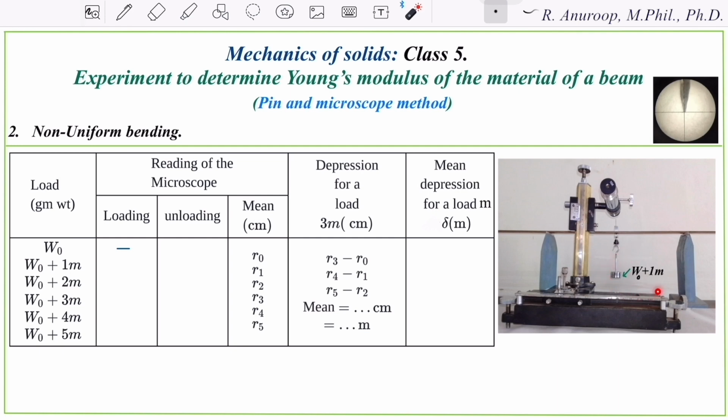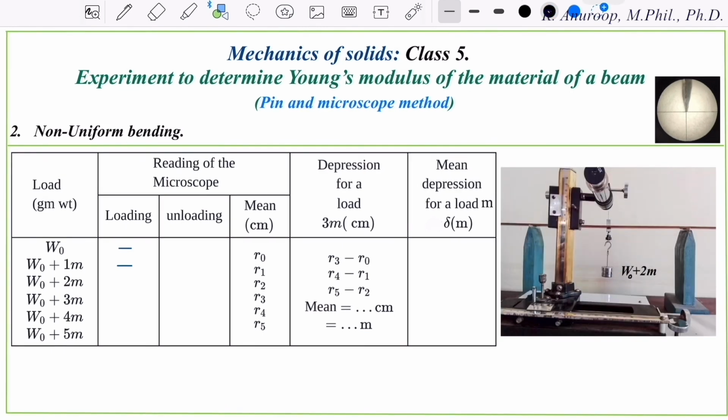Then add 1M weight to the weight hanger, so the total weight is W0 plus 1M. Then the reading on the vertical scale of the traveling microscope is noted, with the horizontal crosswire coinciding with the tip of the pin, and written corresponding to W0 plus 1M.